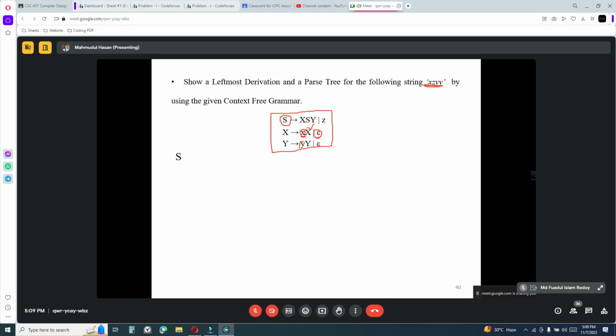In the same way, lowercase y is terminal and uppercase Y is non-terminal. So there are three non-terminals: S, X, and Y. And the terminals are lowercase z, lowercase x, lowercase y, and epsilon.